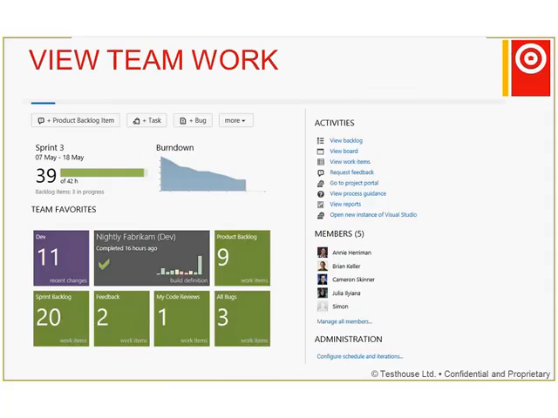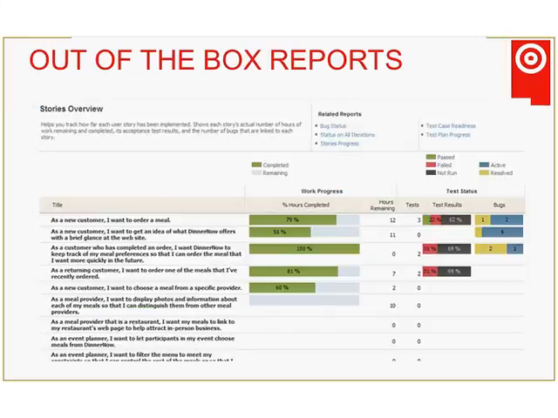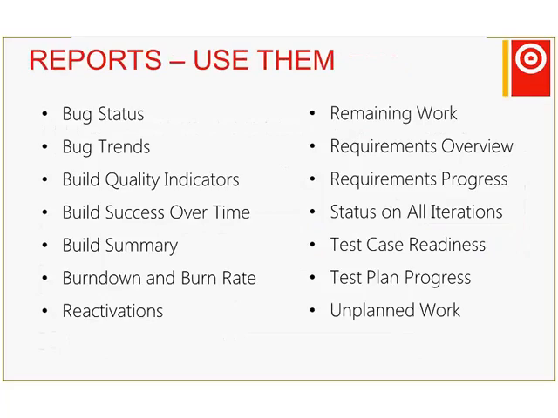We can view how the team is progressing, with quantities for each user of the team: how many bugs they've got to work on, how many code reviews they're meant to be doing, a variety of things about the progress of the individual member of the team. There's a whole pile of out-of-the-box reports available, with a variety of charts to show what's happening, giving different information about what the project is doing.